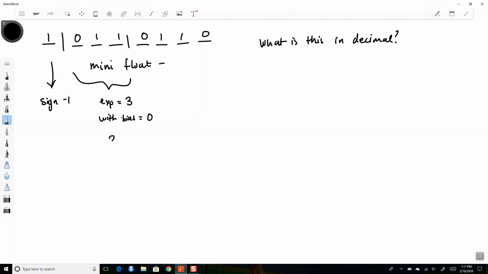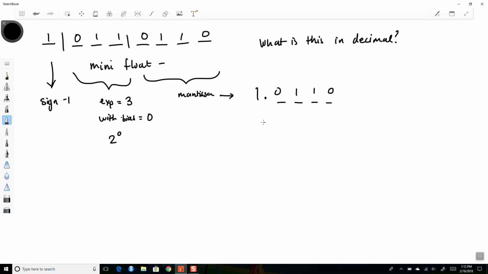So we basically have 2 to the 0 right here. And then this is our mantissa. Because we're always going to assume there's a 1, it's going to be 1 point, and then we take in our 4 bits. So we have 0, 1, 1, 0.